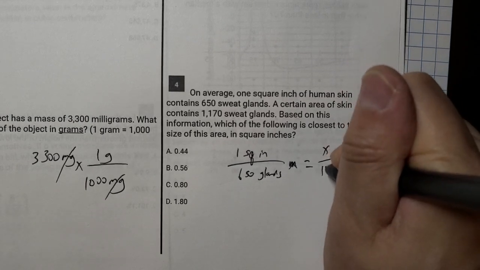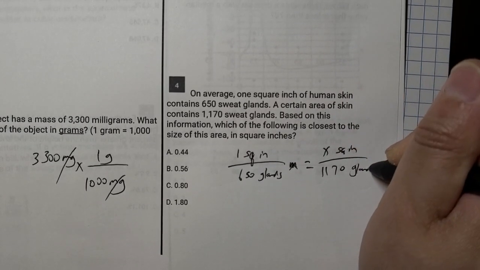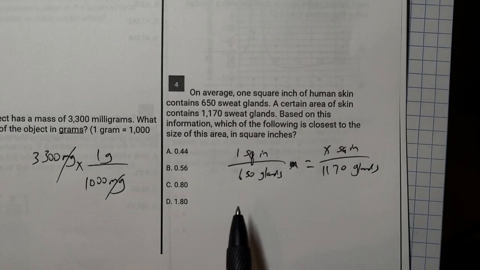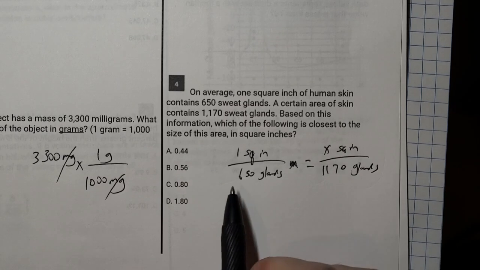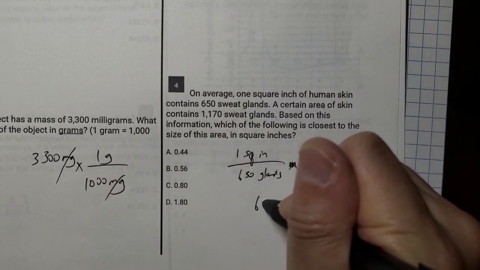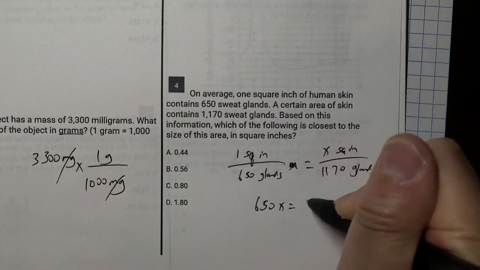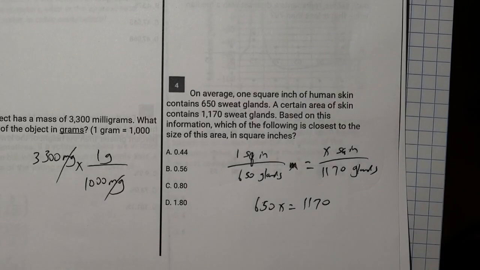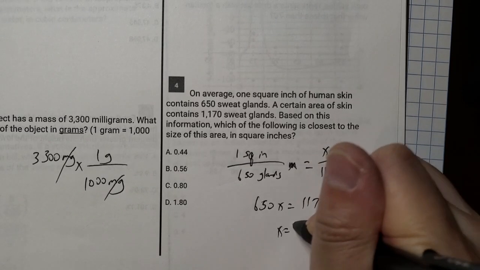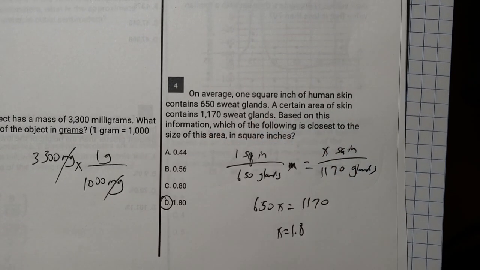How many sweat glands? 1170 glands. So you solve for x. Okay? So it'll be 650 x is 1170. This is where you need your calculator. So you do 1170 divided by 650. That is 1.8. Answer is D. That right? 4D? Yes.